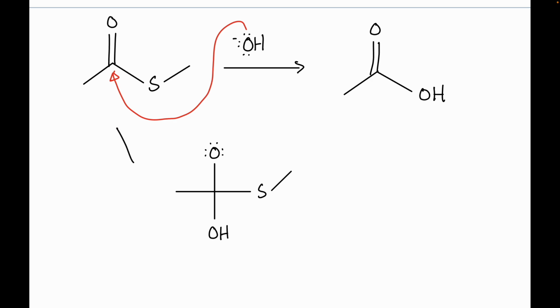Boom. That gets me to my tetrahedral intermediate. We get to our tetrahedral intermediate and we ask ourselves, is there a good leaving group? Okay, so I think just by the implication of the problem, this sulfide ion is going to be our leaving group.